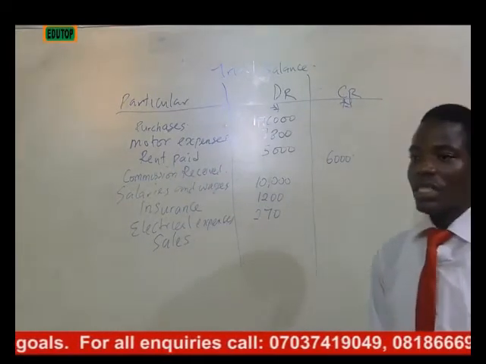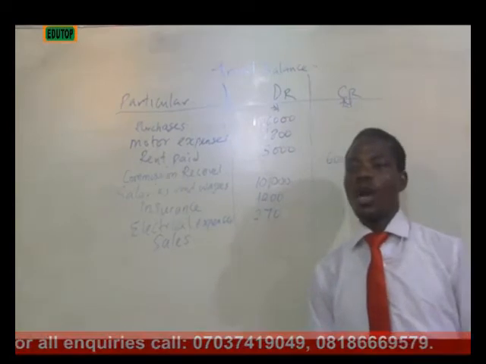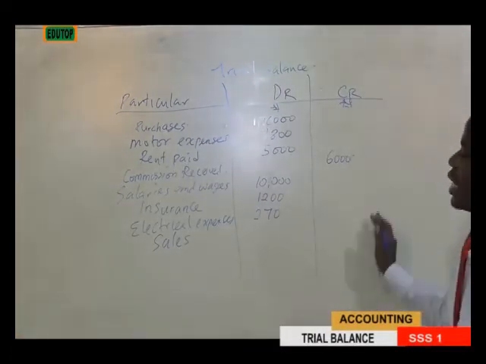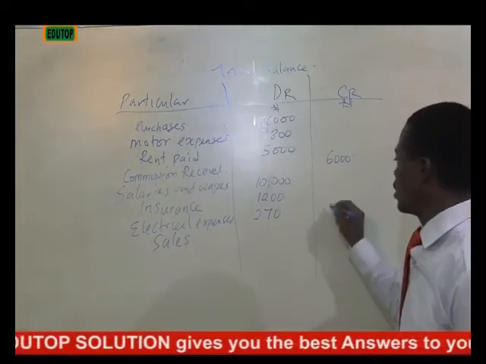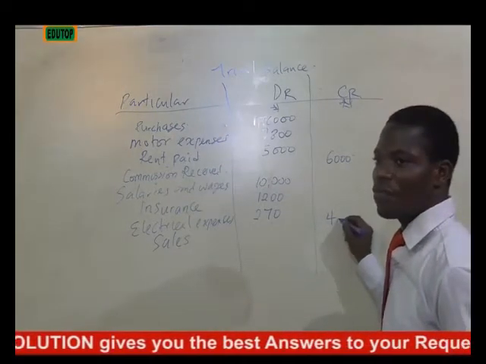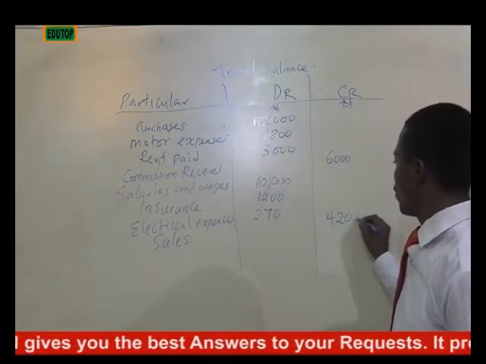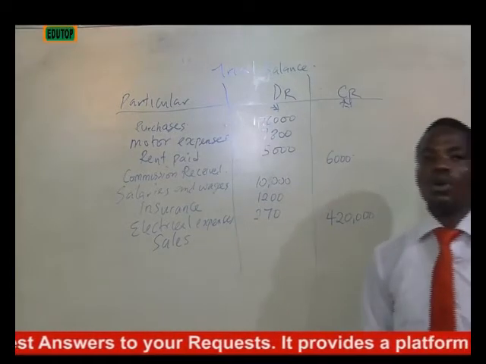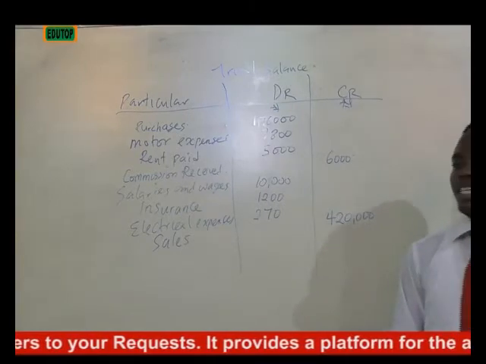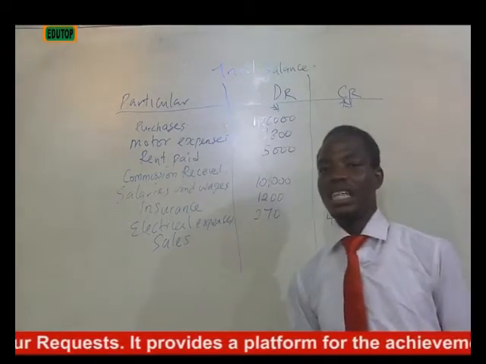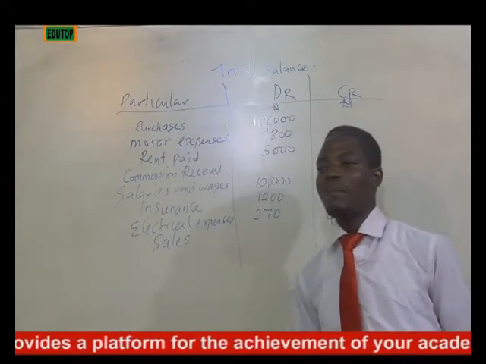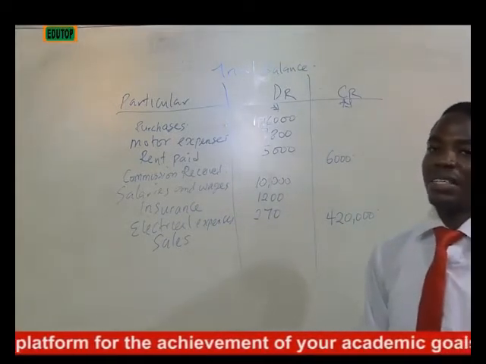Then we have sales. Sales is a revenue. So anything that has to do with revenue has to be credited. It's in your format. You can check it. Then we have motor vehicle. Motor vehicle is to be debited because it is an asset, and it is also a real account. It is an impersonal account.